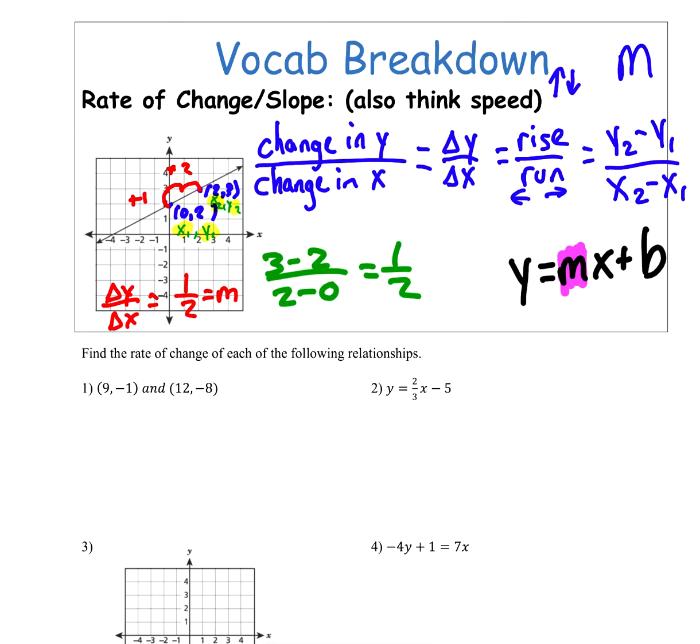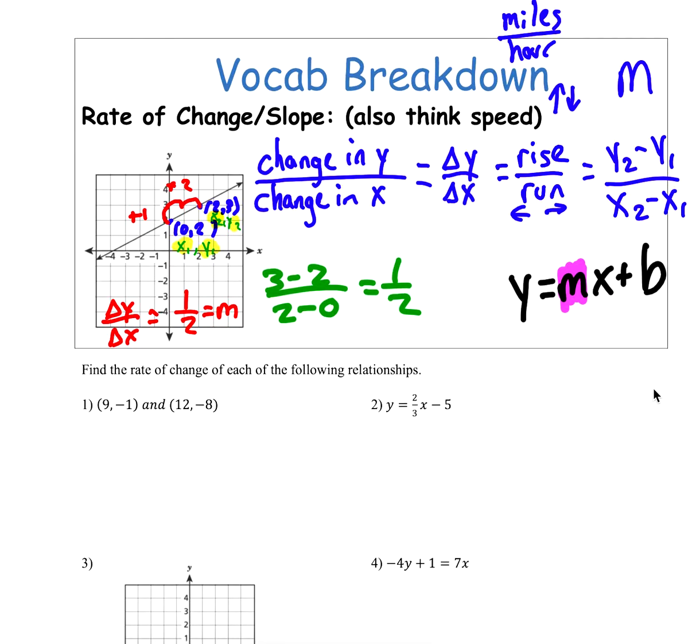M. So I said we're going to get back to speed. We're going to talk about speed. Why is speed a rate of change? So think of speed. Everyone thinks of speed like a car going a certain miles per hour. If you think of a certain miles per hour, that is just the change in y over change in x.